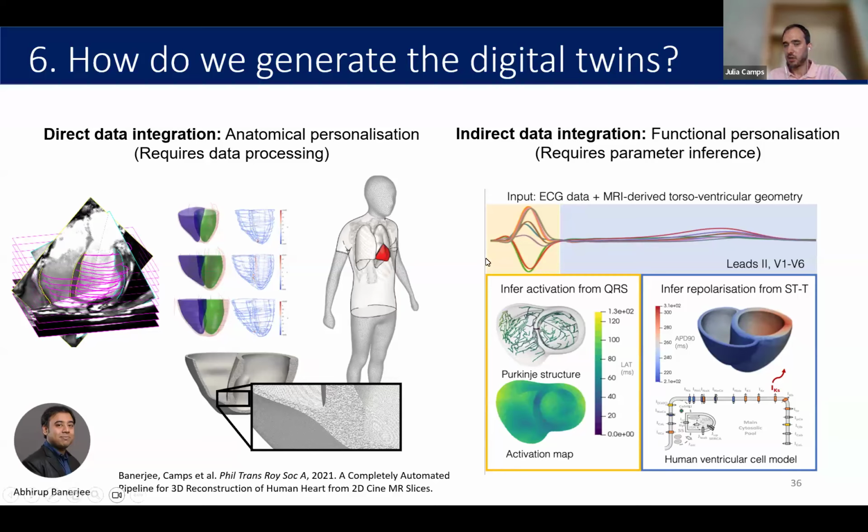And the fact is, actually, we can. So the QRS, which is the first part of the electrocardiogram, represents the activation sequence in the heart, whereas the T wave, which is the second part here, highlighted with blue background, is the repolarization sequence in the heart.